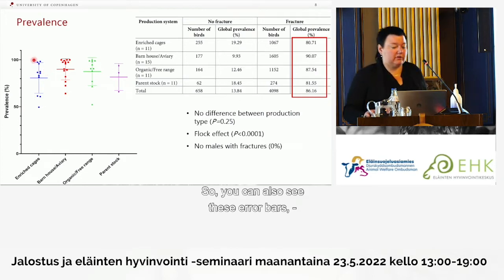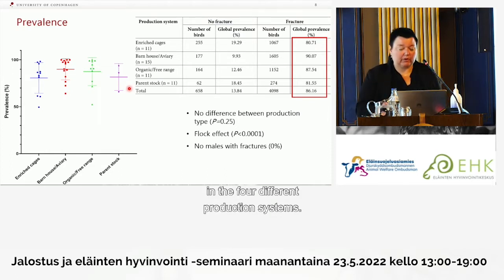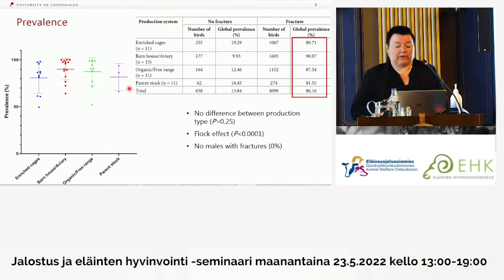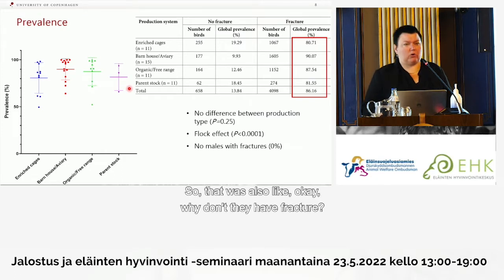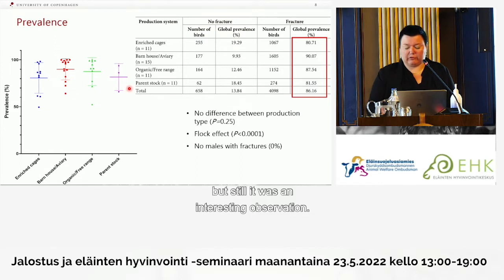You can also see these error bars, they are actually overlapping each other in the four different production systems. And then maybe remember we had a few males, none of those had fractures. So that was also quite okay, why don't they have fractures? Even though it was only less than 40 birds, it was still an interesting observation.